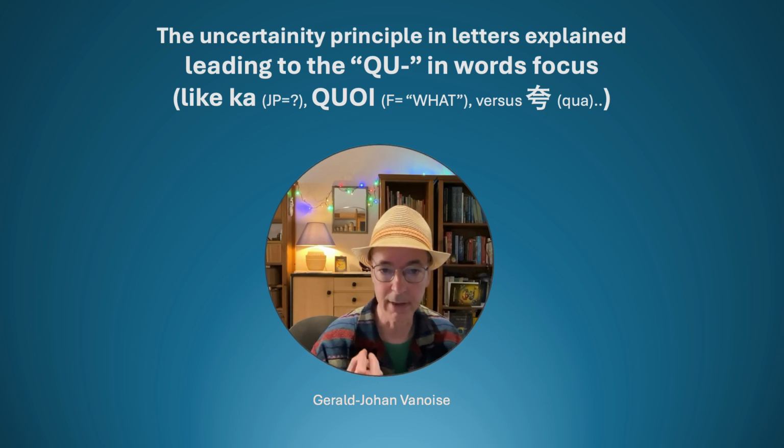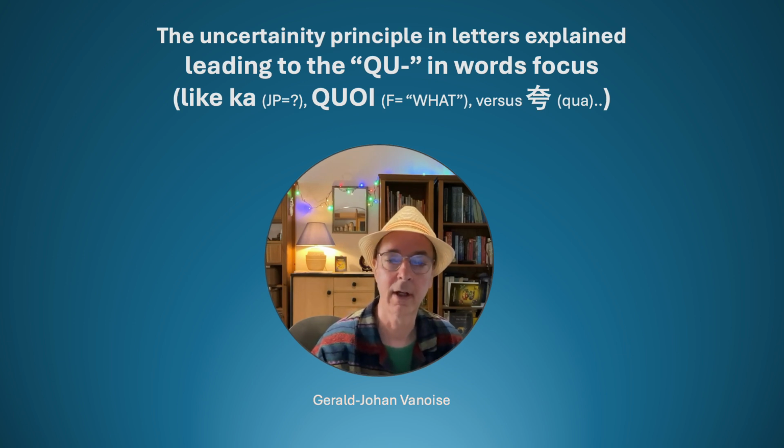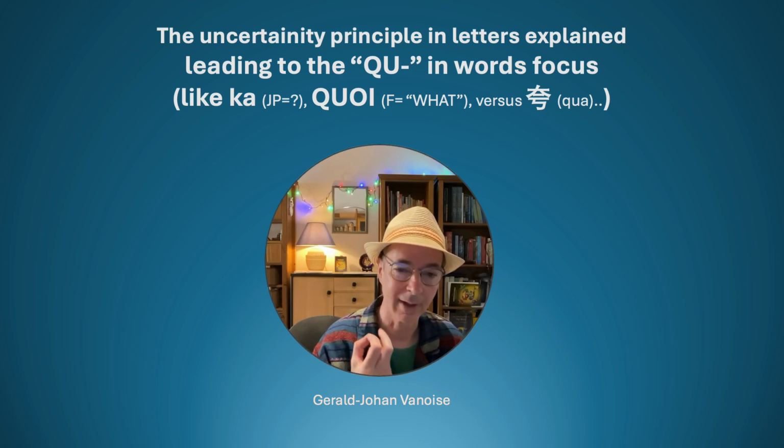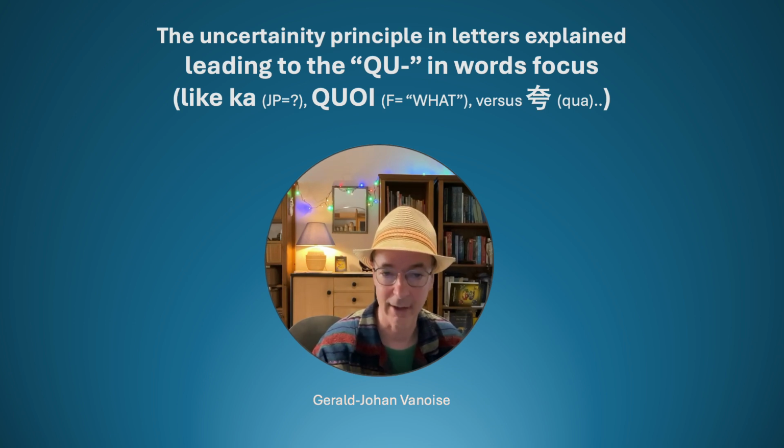understand the meaning of the sound combination, and therefore we have to dig deeper into the difference of that uncertainty principle that is expressed via the sound K, which you have as K, which you have as C, and which you have as Q. And these are different levels of how you approach it, and they can be used differently as well.